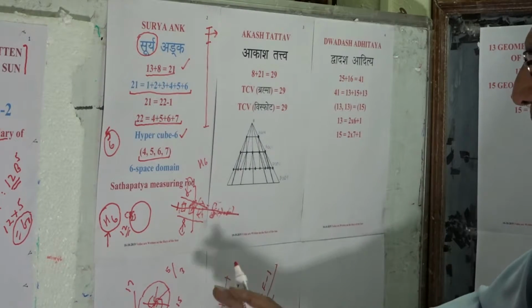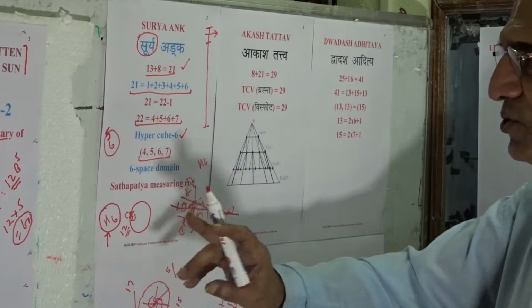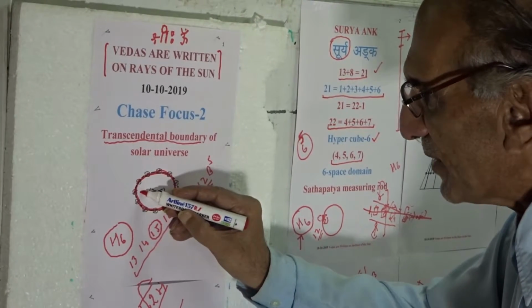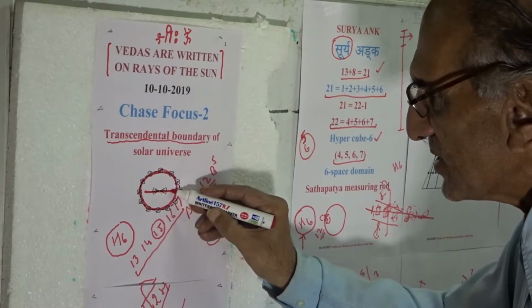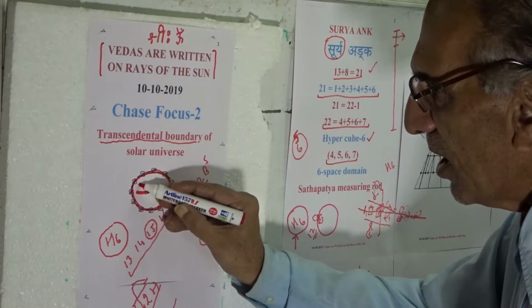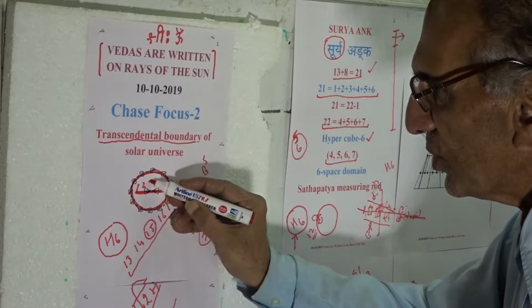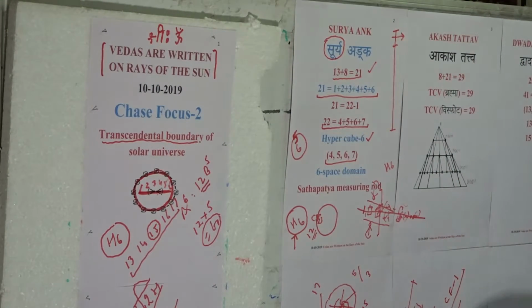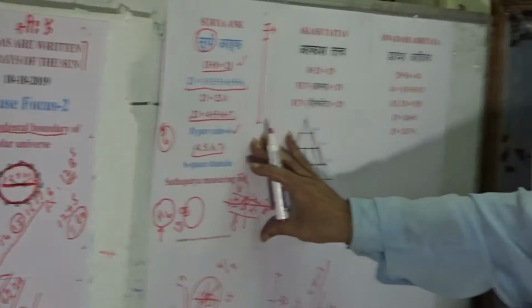It would mean that the 6 space domain as it is going to be swapped by a Sthapatya miring rod as a synthetic setup of 1, 2, 3, 4, 5 and 6 bodies. Now it is the Sthapatya miring rod.